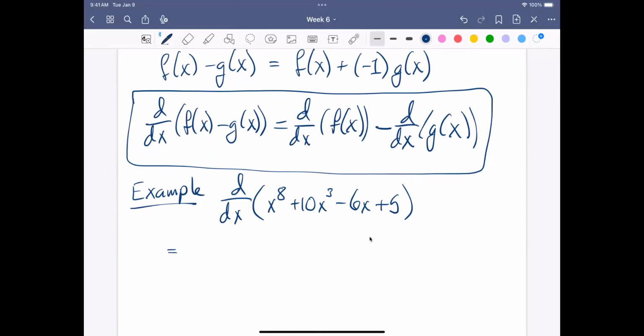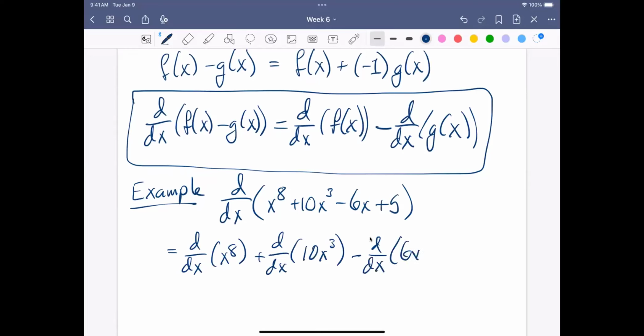I can use them repeatedly, and I'm going to break it all up into each term here. So d dx of x to the 8th plus d dx of 10x cubed. Now let's do minus d dx of 6x, and then plus d dx of 5.